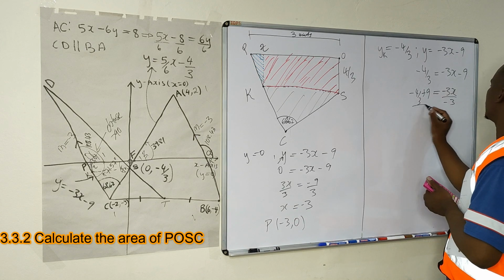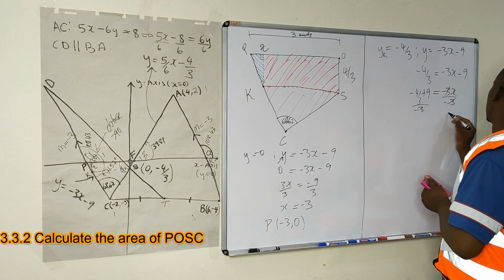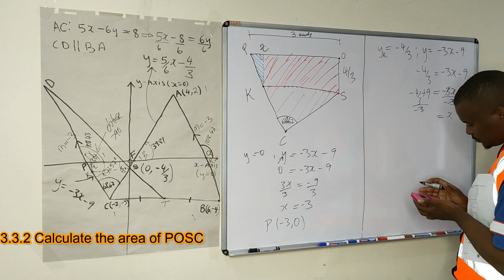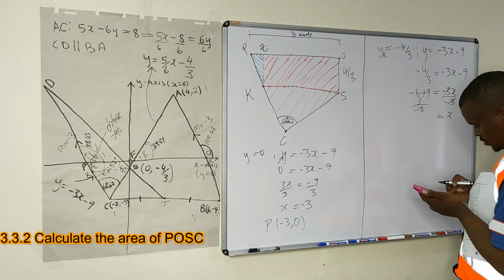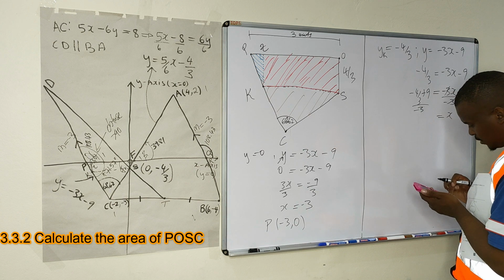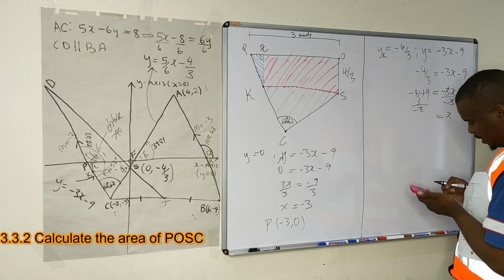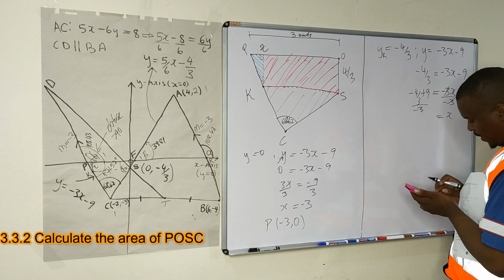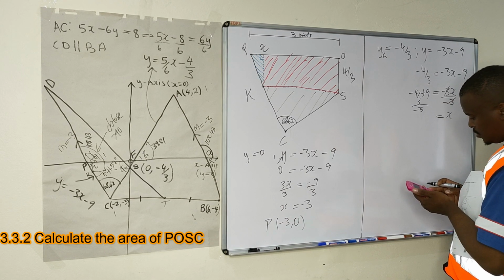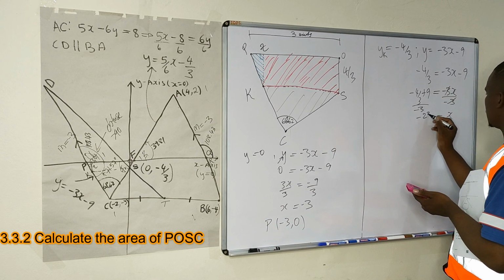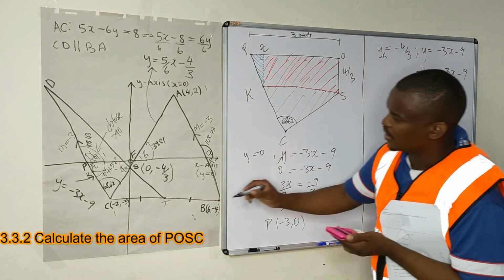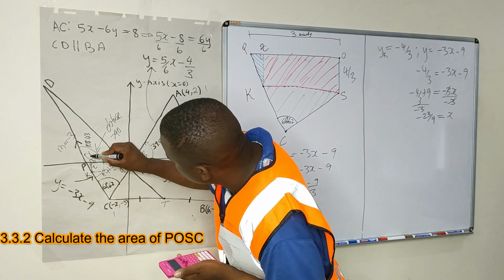Divide by minus 3, divide by minus 3. x is equal to -4/3 plus 9 all over minus 3, right? So x is -23/9. So the corresponding x value here is -23/9.